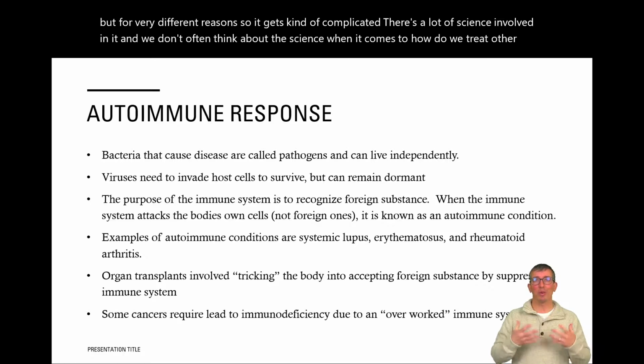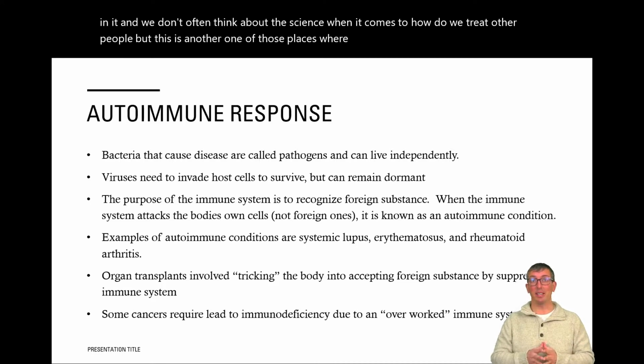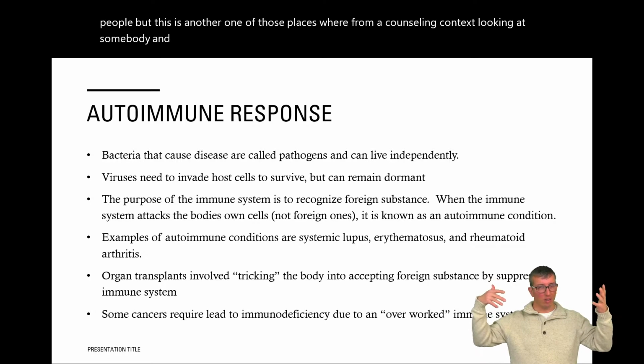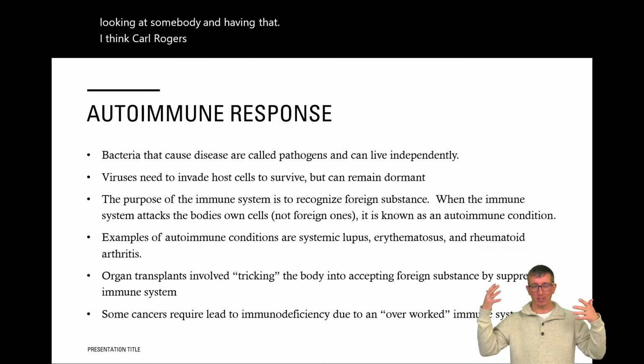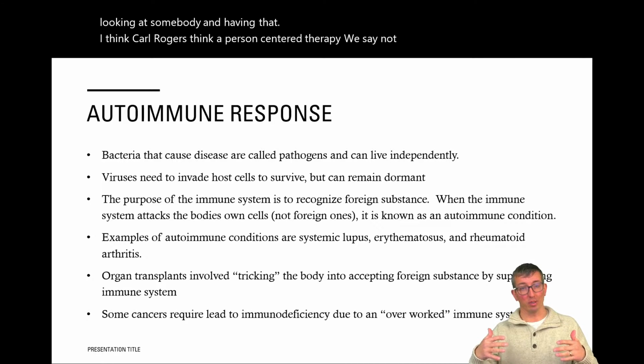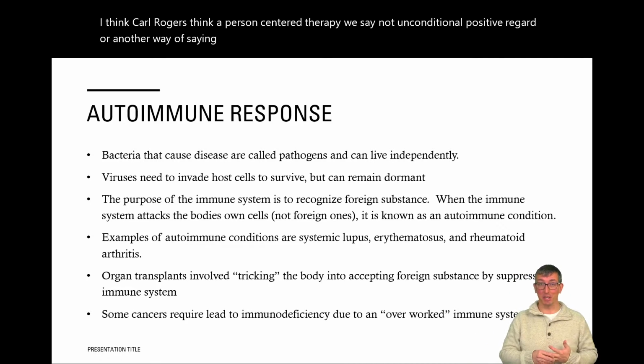But this is another one of those places where, from a counseling context, looking at somebody, think Carl Rogers, think person-centered therapy, we say unconditional positive regard, or another way of saying that is just a non-judgmental stance.